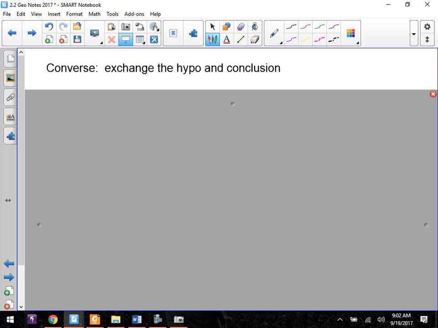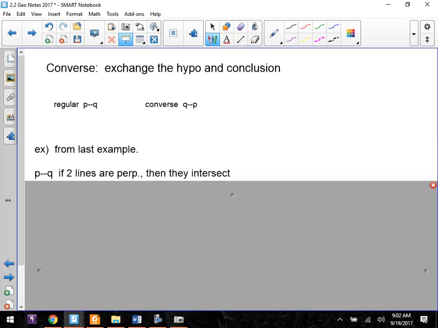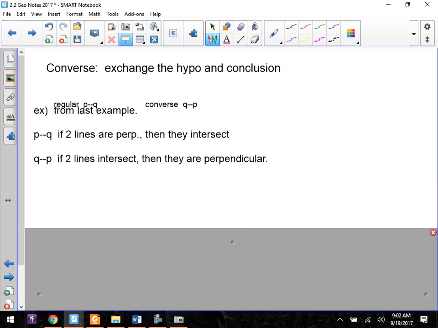Your if-then statement, your original, is called your conditional statement. If two lines are perpendicular, then they intersect. The converse of that statement, flip-flop. You just exchange the if and then. Another example. Oh, we just did this one.